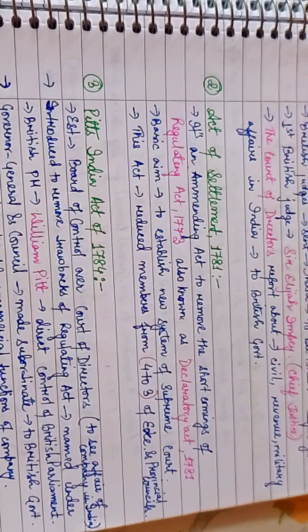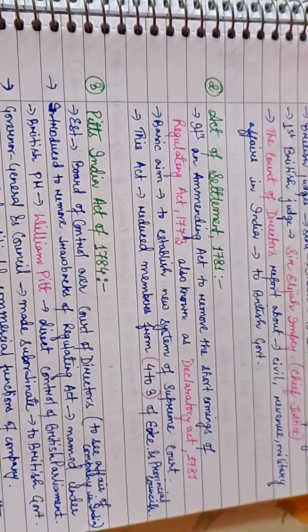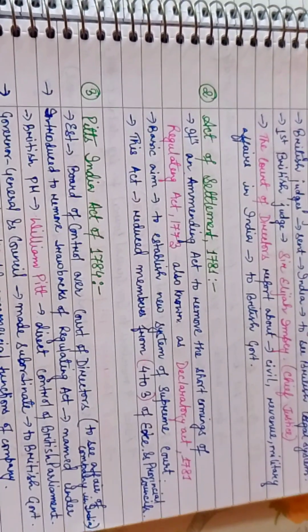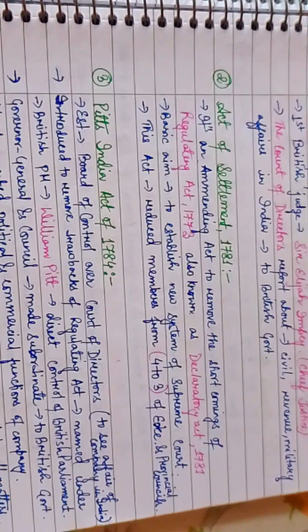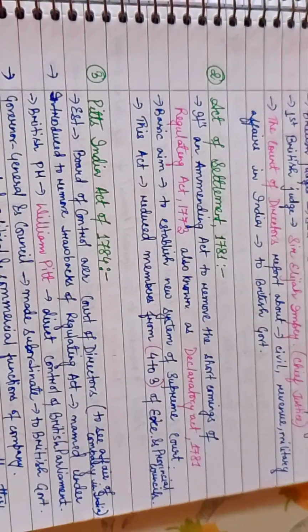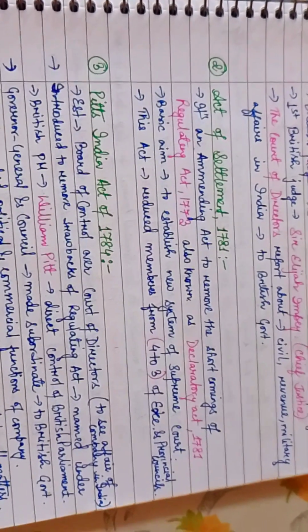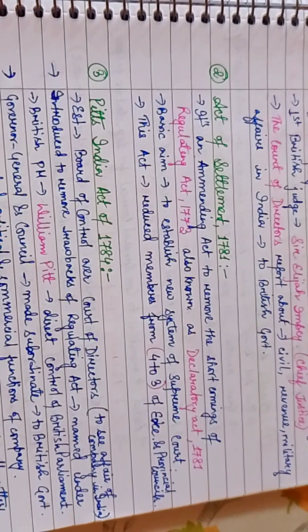Shortcomings means less acceptable things. Some features of the regulating act were less acceptable, and due to this act of settlement, the regulating act of 1773 was also known as the declaratory act in the year 1781.